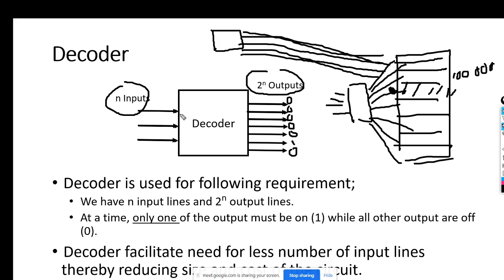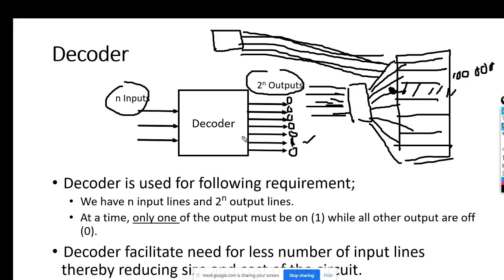But if you have a decoder, which is capable of making only one location on at a time, giving the signal to that particular location while the others just wait, that is good, because it reduces the number of lines.